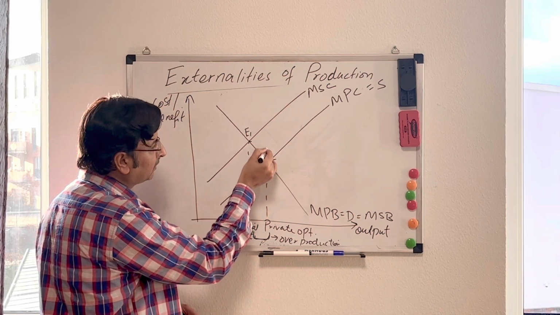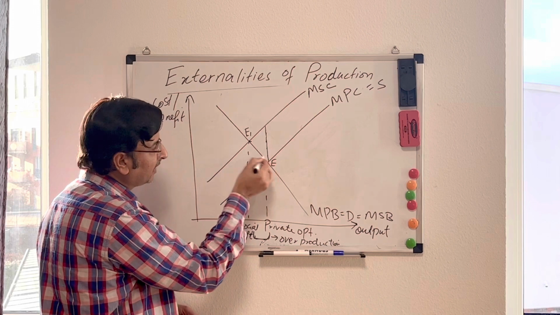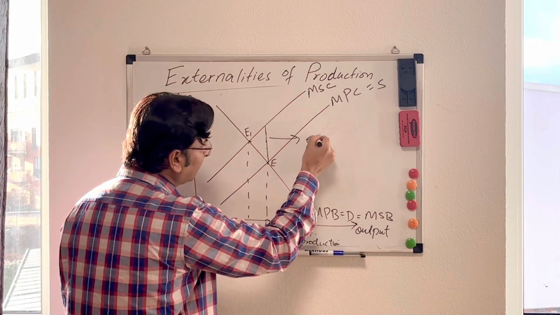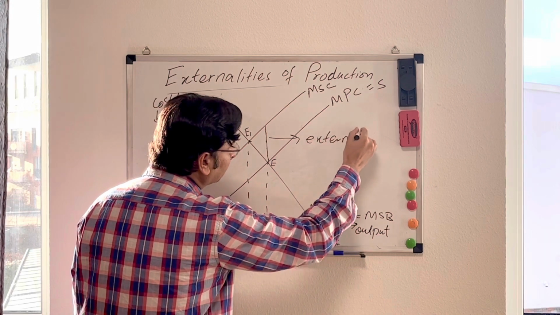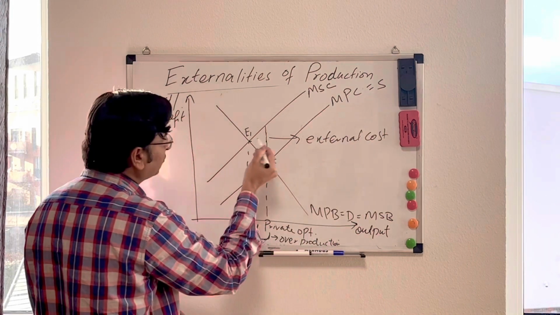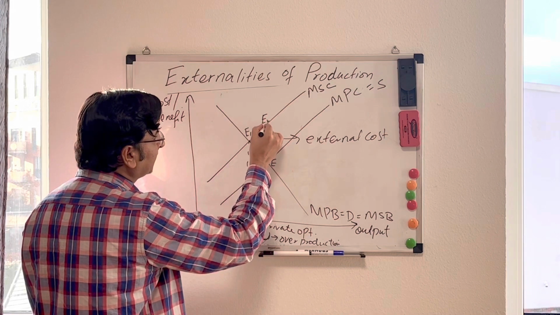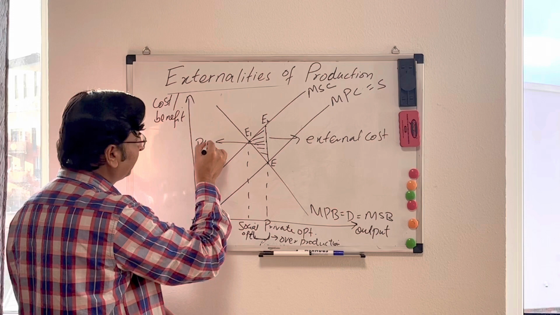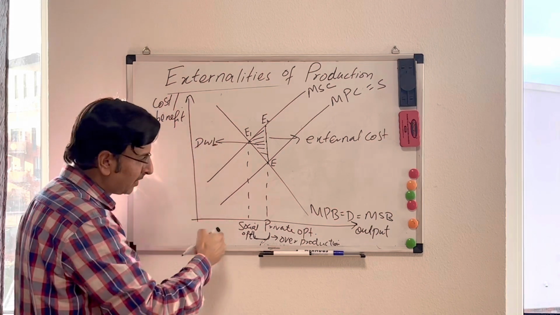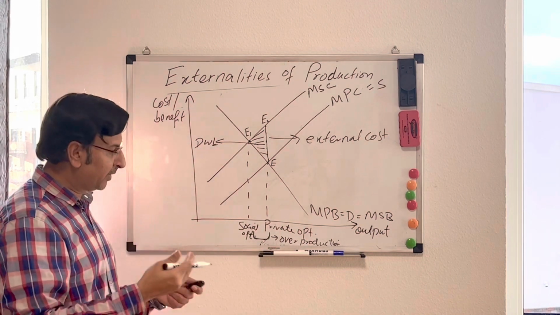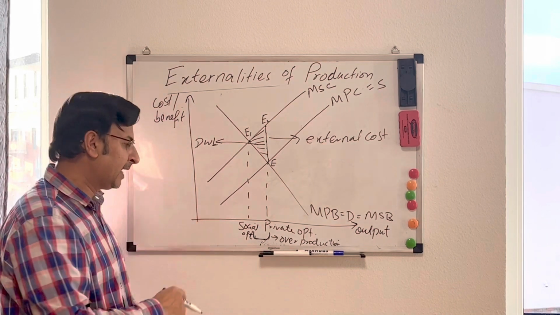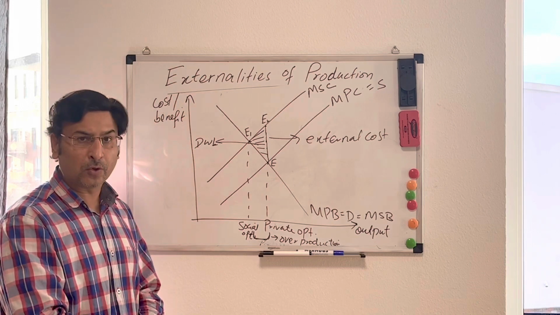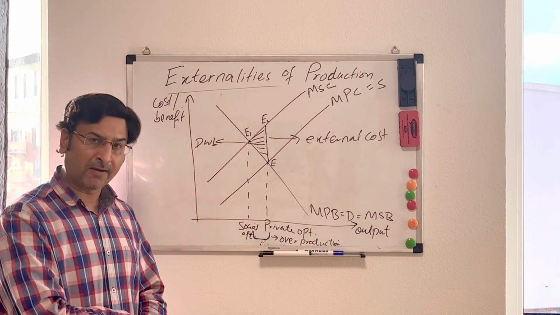So that's why this vertical gap has to be considered as an external cost in this case. And this triangle, let me call this point E2, is your deadweight welfare loss because of this overproduction, or because production is not happening at the point what society wants. So this is how you show the negative externality of production.